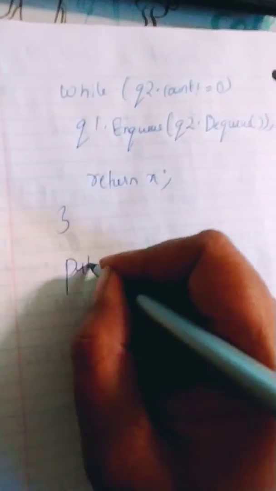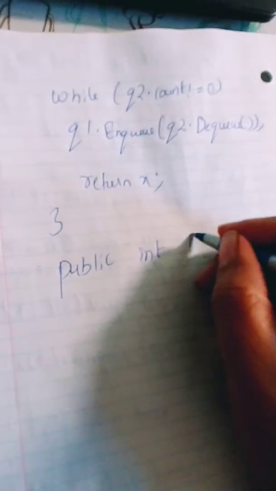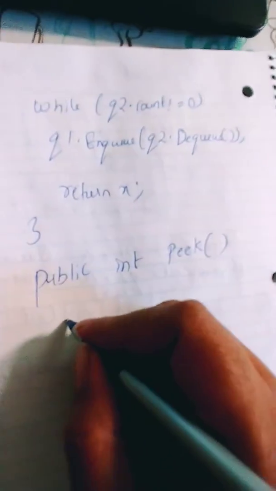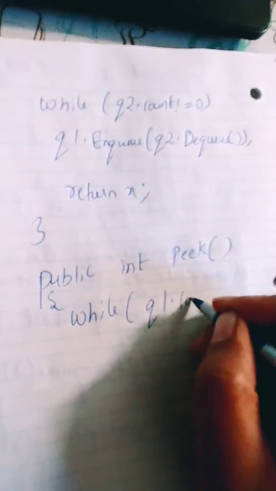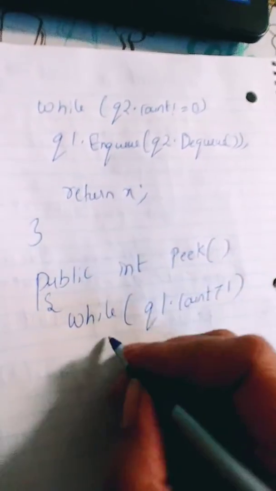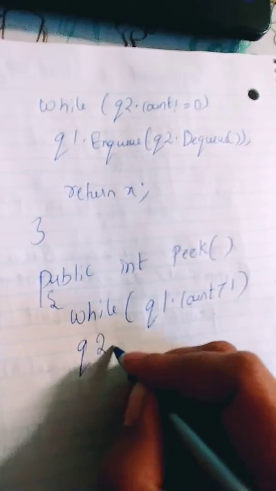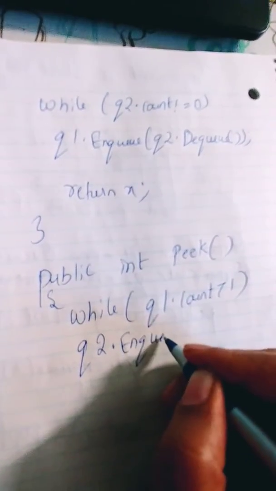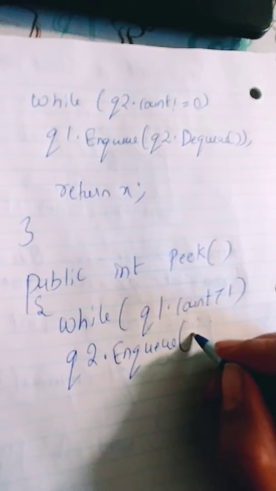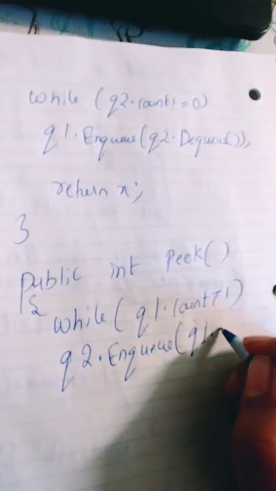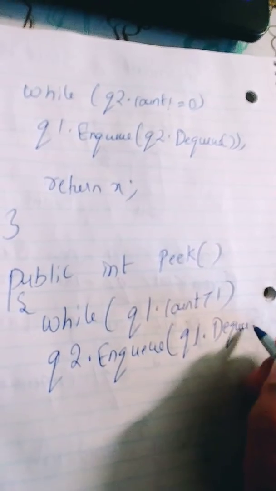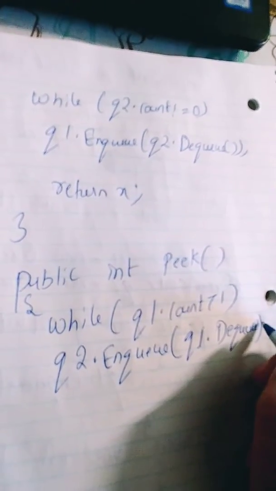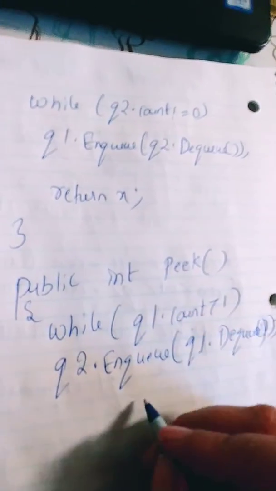Peek is also the same thing. When we have peek, while Q1 count is greater than 1, we want the same 3, so we enqueue all the elements into Q2 after dequeuing them from Q1.